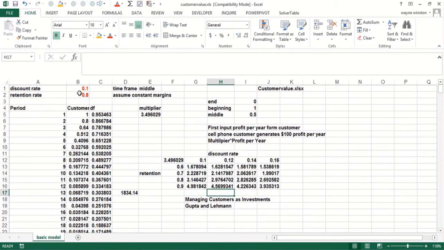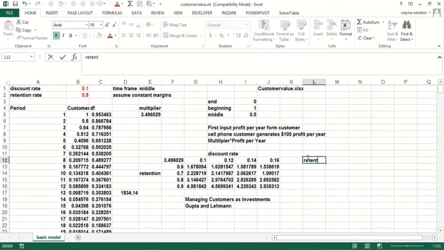Okay, so what are the two inputs to customer value? One is the discount rate, the rate at which you discount profit for your customers. So a discount rate of 10%, as we know, means $1 now, $1 a year from now is worth 1 over 1.1 now. $1 2 years from now is worth 1 over 1.1 squared. The other driver, which is much more important, is retention rate.